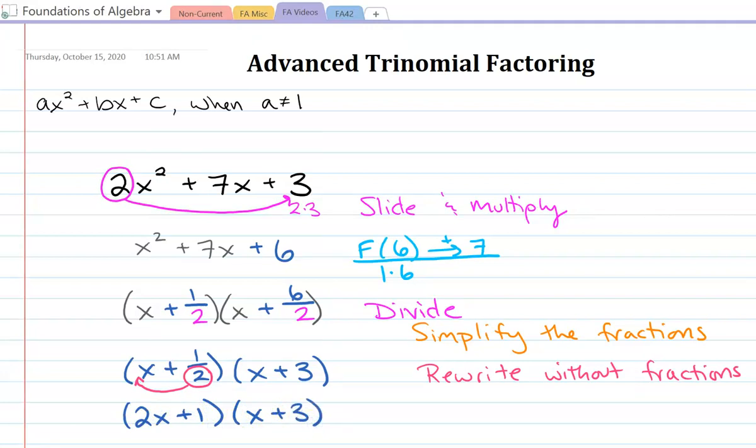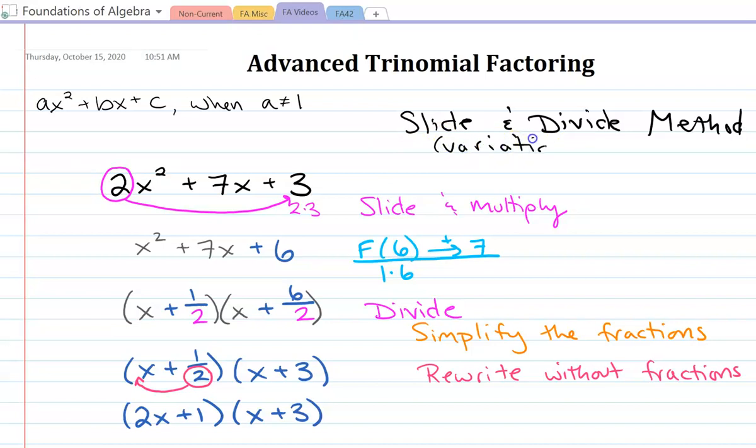Okay? So this is called the slide and divide method of factoring. The slide and divide method is basically a variation of the product sum method that we talked about before.